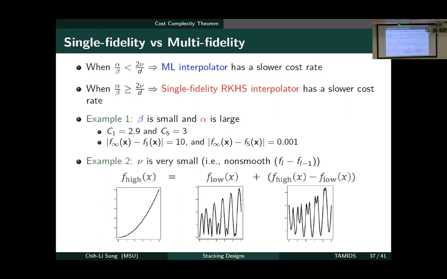And their difference is going to be this, also jumping around. In this case, you need so many samples to get a good approximation, for this function, also this function. So unless these low fidelity simulations are really very, very cheap, there is no point to run those low fidelity simulations. For this high fidelity simulator, this function, I can just use 5 points to get a very good approximation.